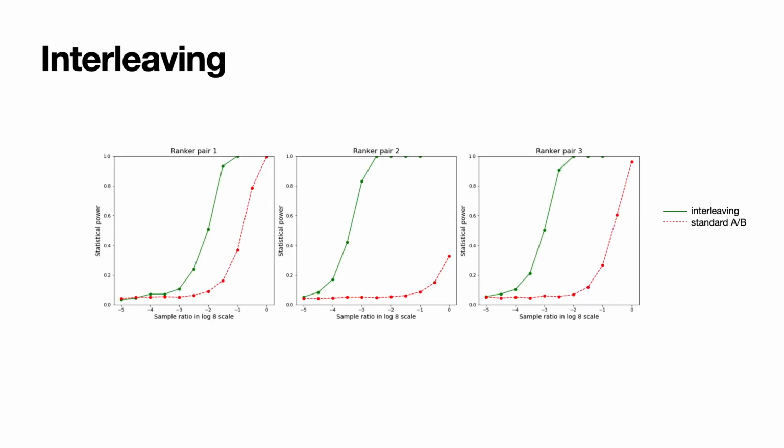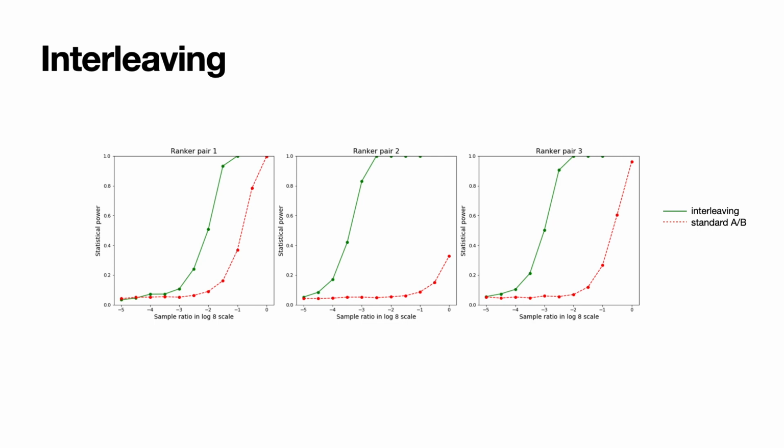In online experiments, we observed that interleaving can improve statistical power by a huge margin compared to standard A/B tests. The three plots show ranker pairs we compared in online experiments in both interleaving and standard A/B settings. The x-axis is the sample size in log scale, and the y-axis is the statistical power.